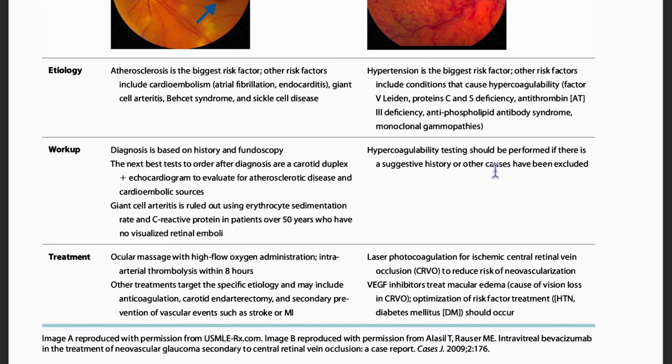Other treatments target the specific etiology and may include anticoagulation, carotid endarterectomy, and secondary prevention of vascular events such as stroke or MI. So this is the first line, I guess, that you do.